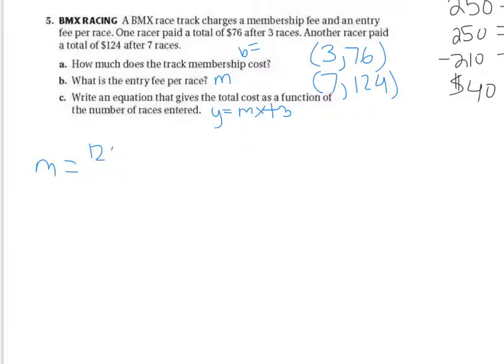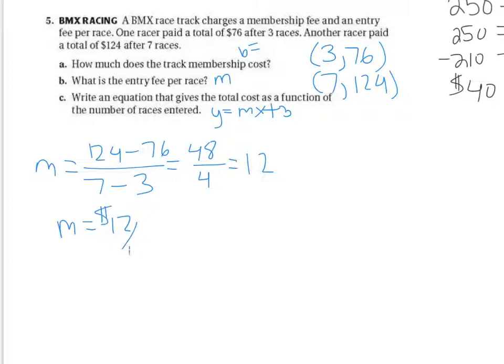So I have 124 minus 76 over 7 minus 3 equals 48 over 4, which is 48 divided by 4 is 12. So the entry fee per race, m equals $12 per race. So that's part B.